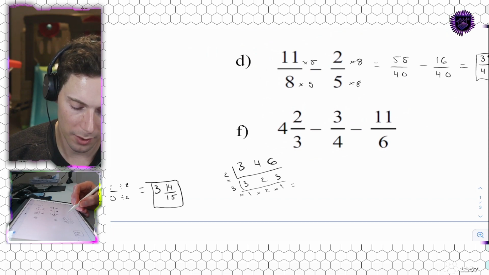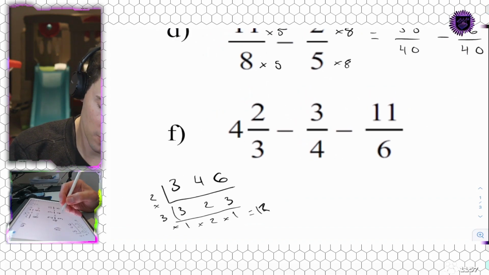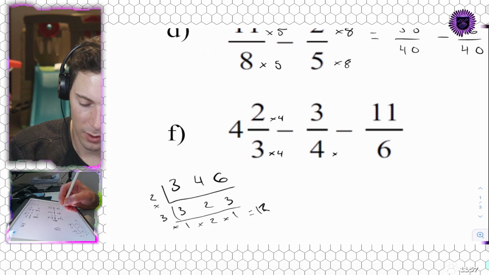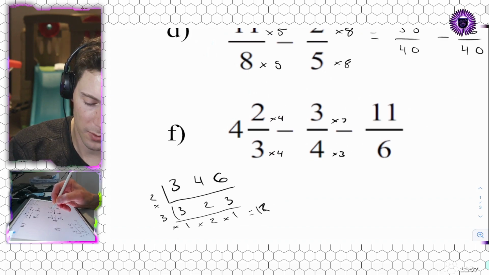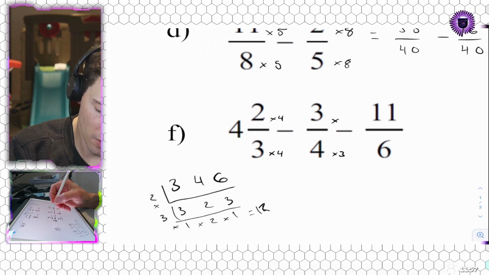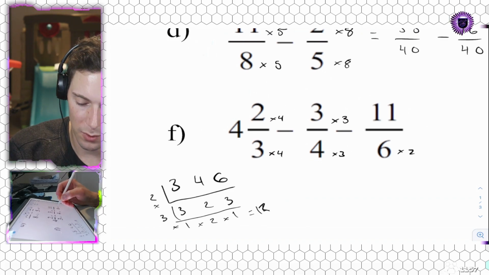Our lowest common multiple, LCM, is 12. So we go times 4, times 3, times 2.